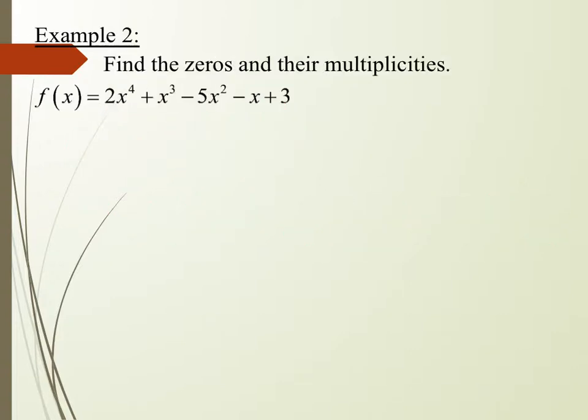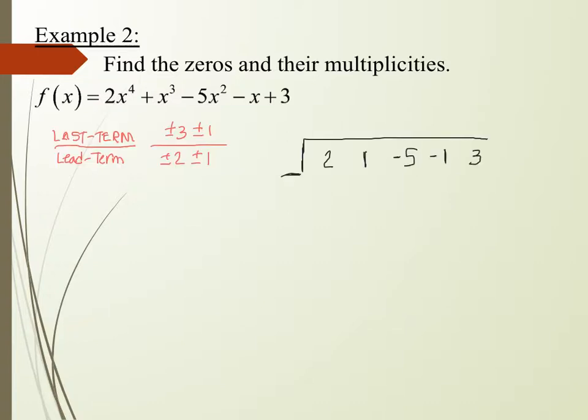So now we're going to find the zeros and their multiplicities. The first step is to find all of the potential factors. So we have the last terms, which is plus or minus 3, plus or minus 1, and the lead term is plus or minus 2, plus or minus 1.